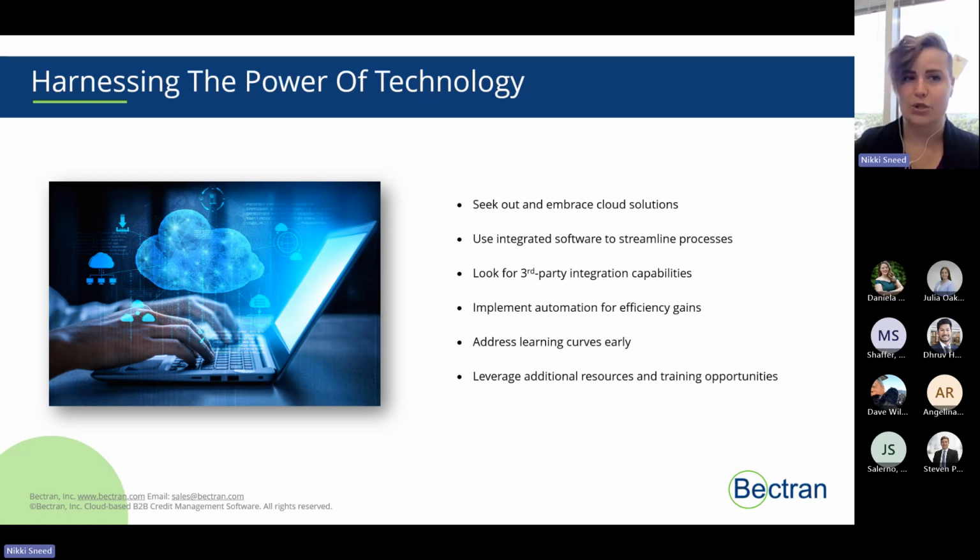Well, first, you should definitely seek out and embrace cloud solutions. Cloud-based platforms are crucial for growth because, like I mentioned earlier, they scale with you easily without any additional overhead. They're designed to be flexible, and they easily expand or contract based on your specific growth needs or your seasonal sales cycle.